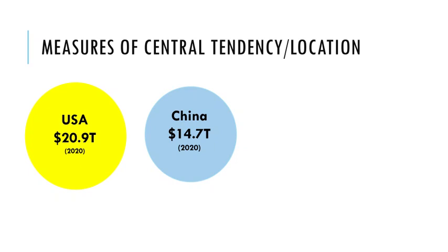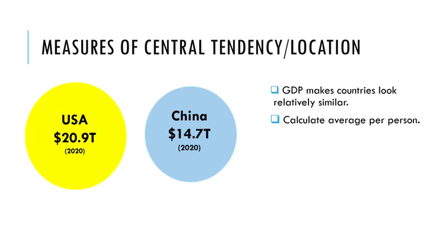So how might the mean be useful? Right now these countries look similar, but what if I calculate a mean? What kind of mean might I be interested in? What if we calculated GDP per person, which is a way of estimating income per person? If I take these two measures of GDP and divide through by population, I'm essentially just taking a mean.